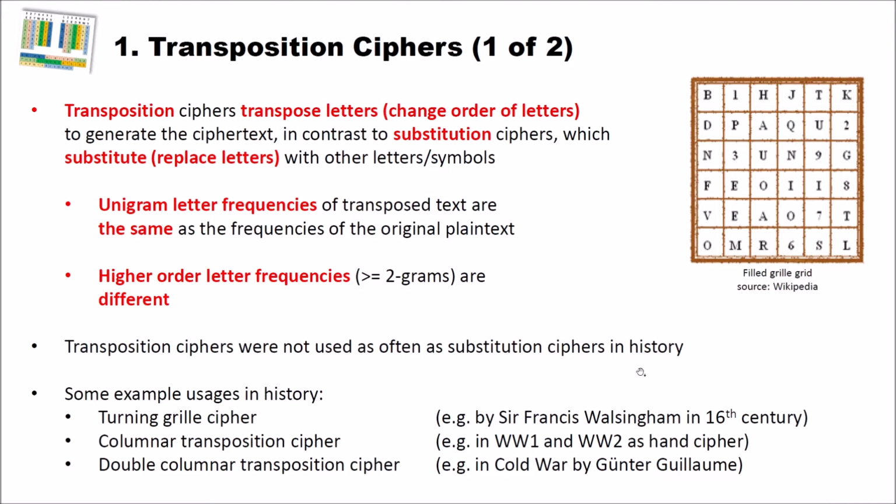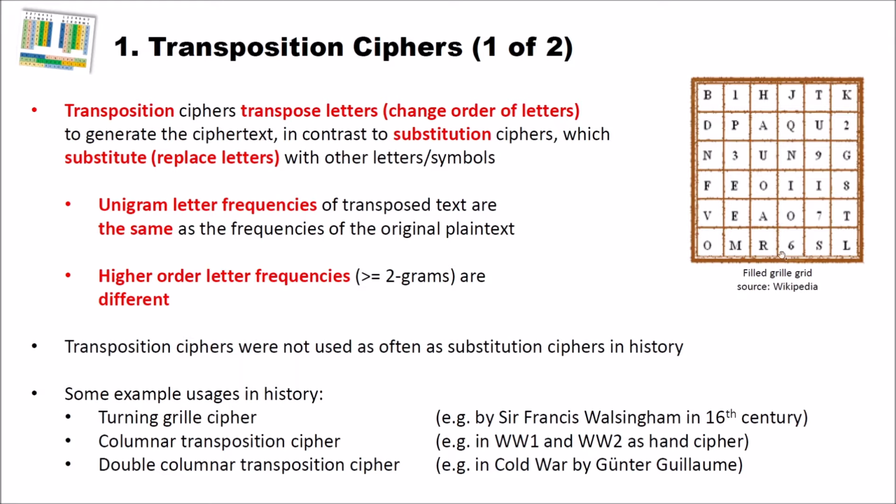But there are a few example usages in history. The first example is the turning grille cipher that was used, for instance, by Sir Francis Walsingham in the 16th century. And here you can see an example for a grille grid where you have some letters, a hidden message inside, and other letters that are null letters so that the message is hidden.